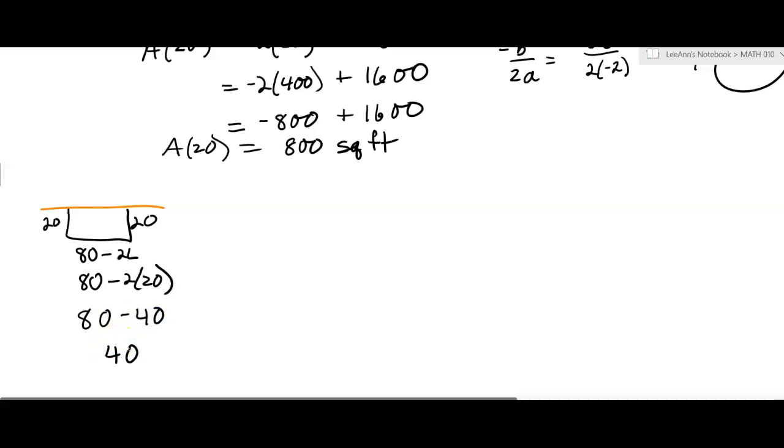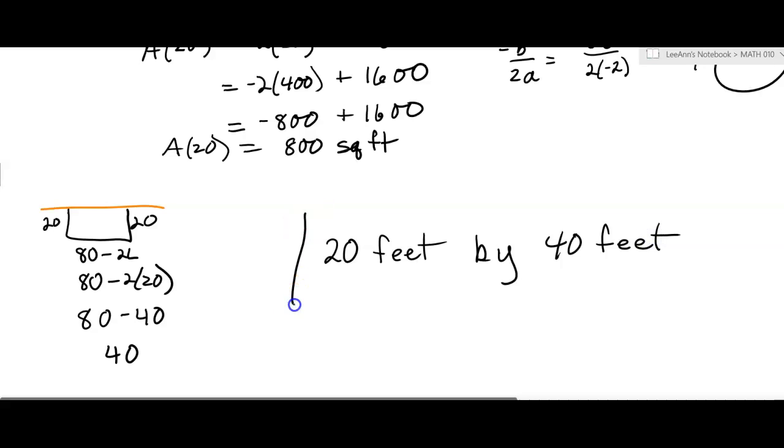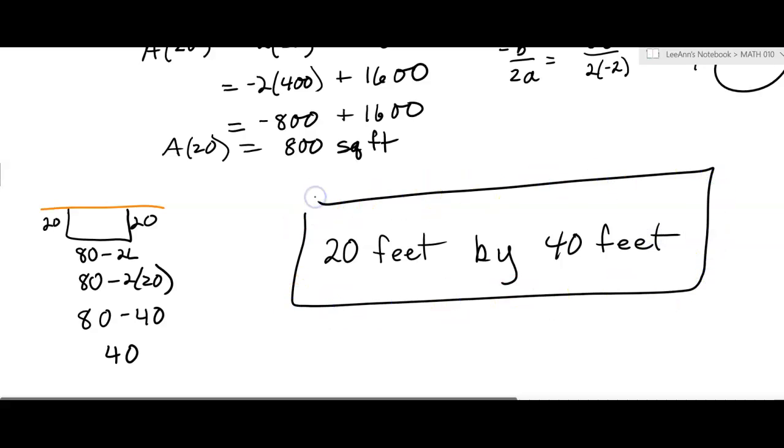So her dimensions for her rectangle are 20 feet by 40 feet. That would be the length and the width of the rectangle. That's what they wanted to know. They didn't want to know the area, but I told you the area.